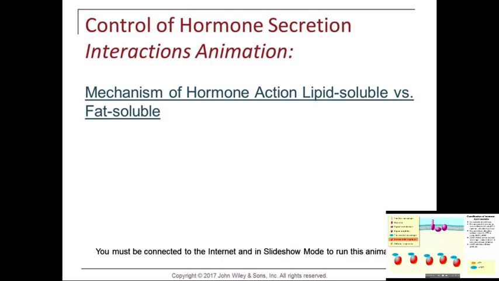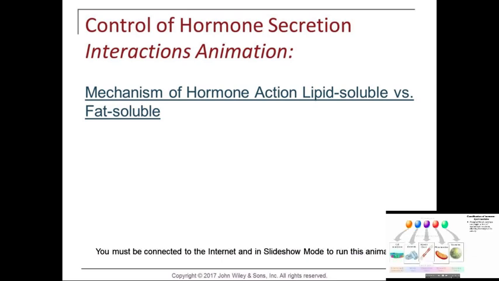Kinase proteins activate other enzymes through phosphorylation reactions. Phosphorylated enzymes can trigger a host of biochemical reactions that have profound effects on the target cell's activity. In this way, lipid-insoluble hormones, which cannot enter the cell, can still influence cell function through a second messenger, cyclic AMP, inside the cell.